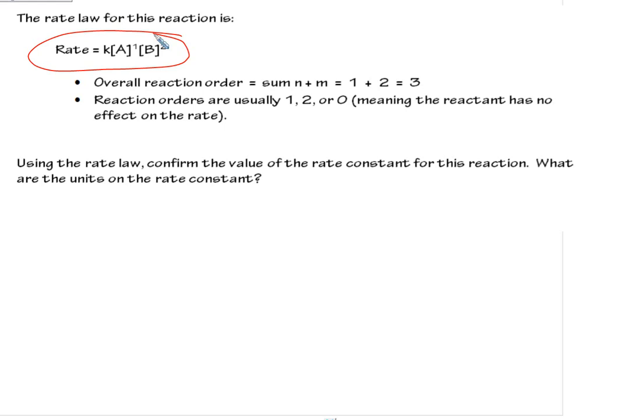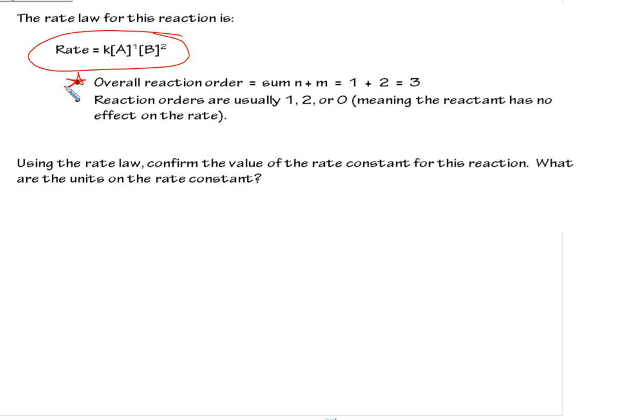Now, other things that you might see. This is kind of useless, but it does come up every now and then. Sometimes they'll ask you, what is the overall order of the reaction? To get the overall order, you just add up the individual orders. You could have one reactant, you could have 3, 4, 5 reactants.